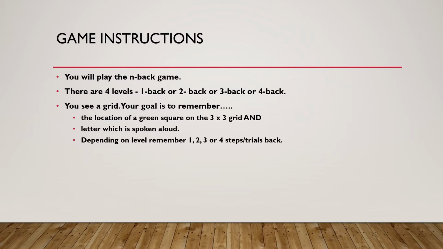Depending on which level you are, you will need to remember the location of the green square and the letter that is spoken when the green square appears, 1 back, 2 back, 3 or 4 trials back. This might make more sense on the next slide where there will be visual representations.